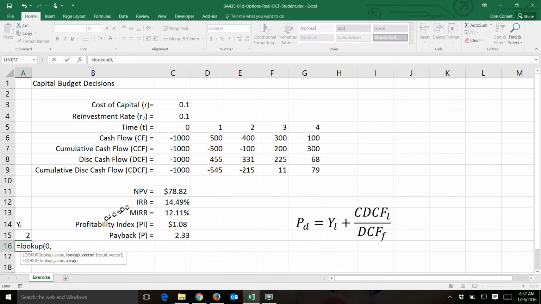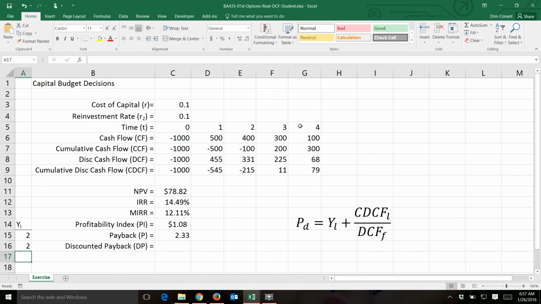We're going to look for that value, this time, in our discounted cash flow row. And when we find it, we're going to go up and get the corresponding year. That gives us year 2.